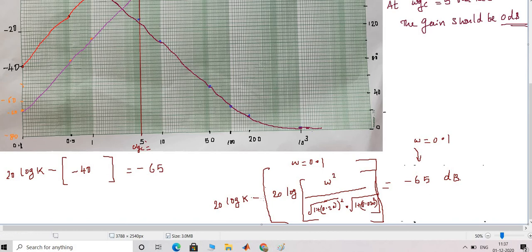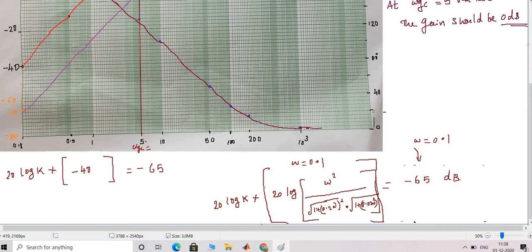Sorry, there is a change. This sign is actually plus, because we have the equation K into omega square divided by square root of 1 plus 0.2 omega into square root of 1 plus 0.02 omega.